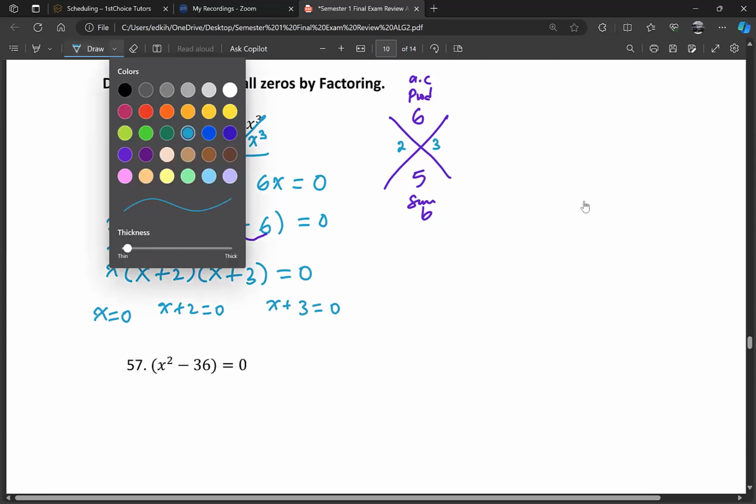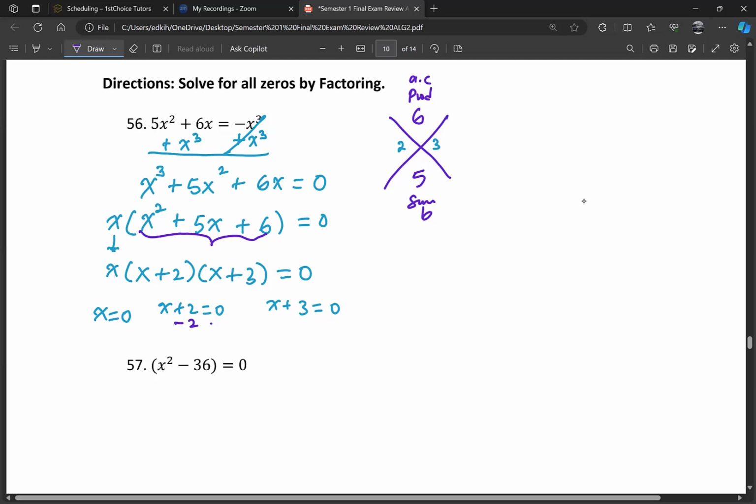To solve for x in these two, subtract 2 from both sides, subtract 3 from both sides. So now you have x equals -2. Here, x equals -3. So your 3 answers are x equals 0, x equals -2, and x equals -3. 3 answers.